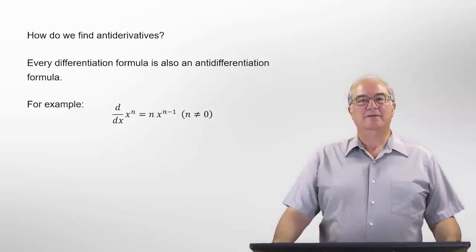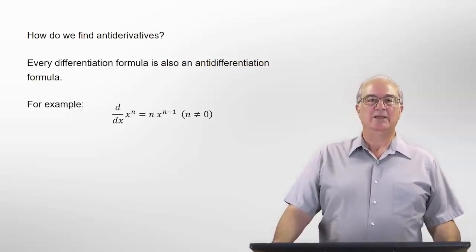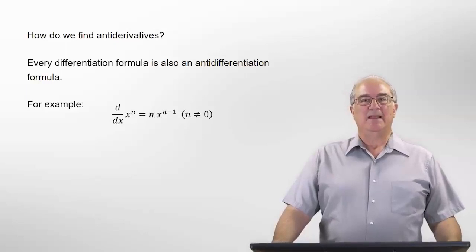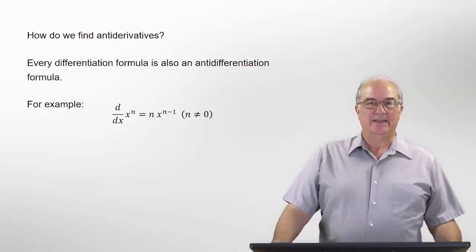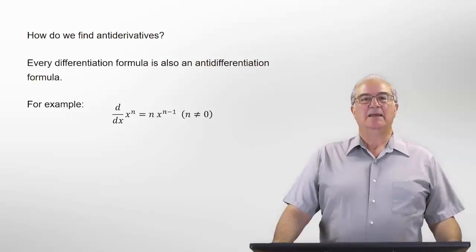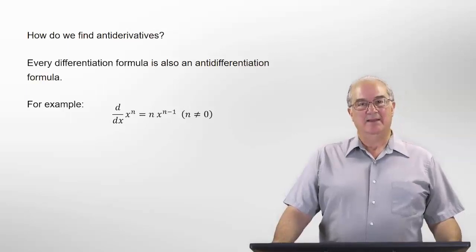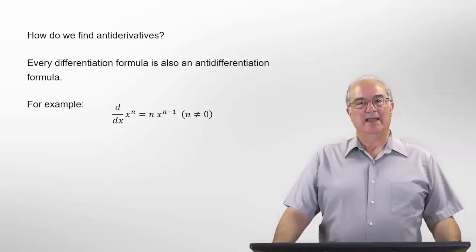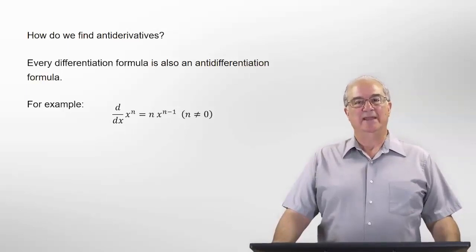If we now think of that formula read from right to left, what we see is that n times x to the power n minus 1 is the derivative of x to the power n, and therefore x to the power n should be an antiderivative of n times x to the power n minus 1.